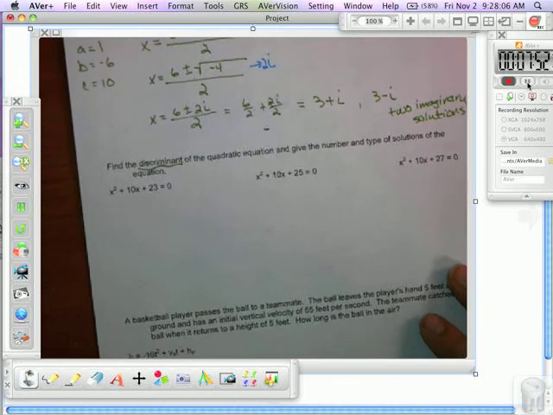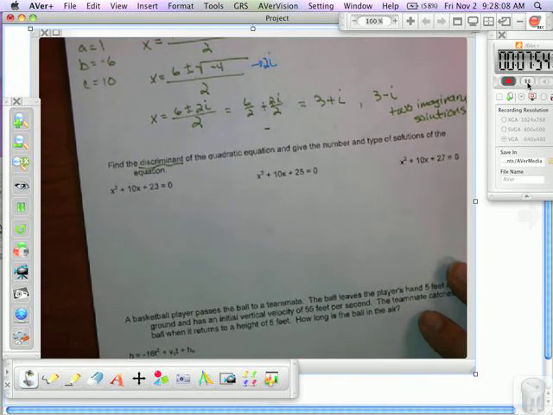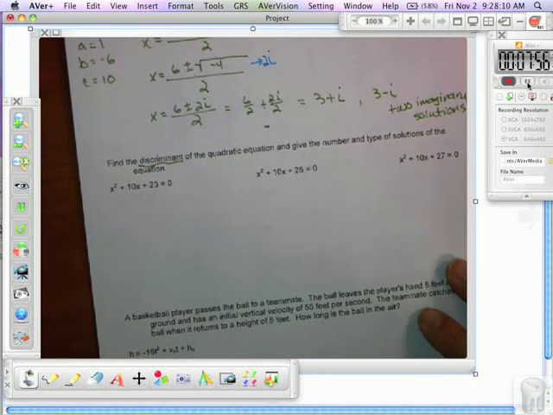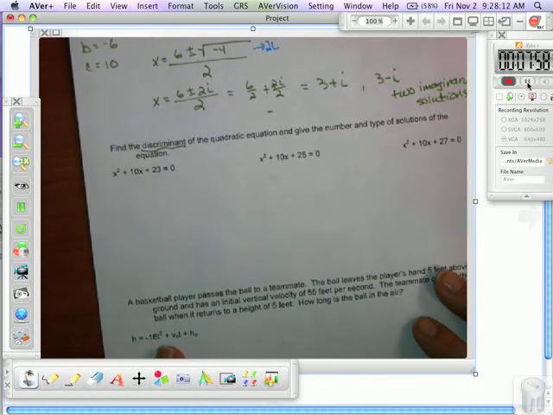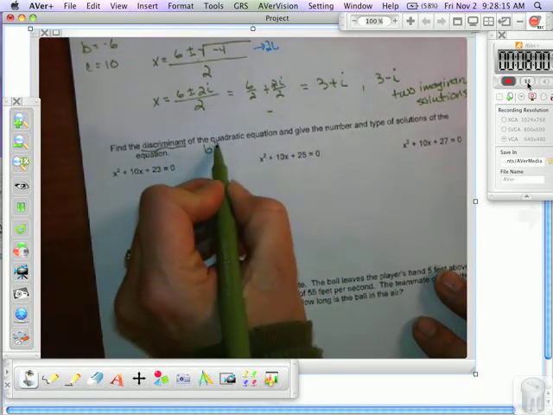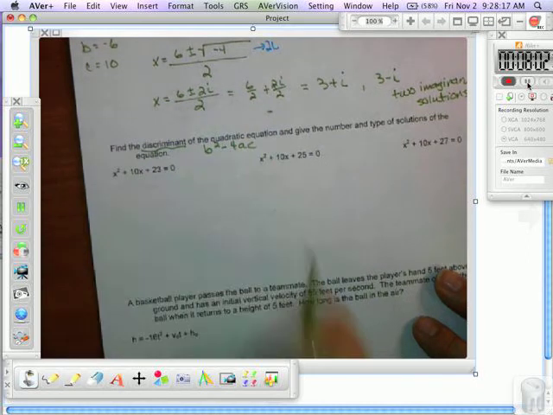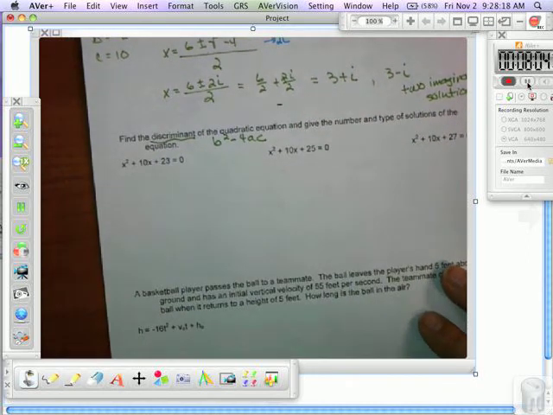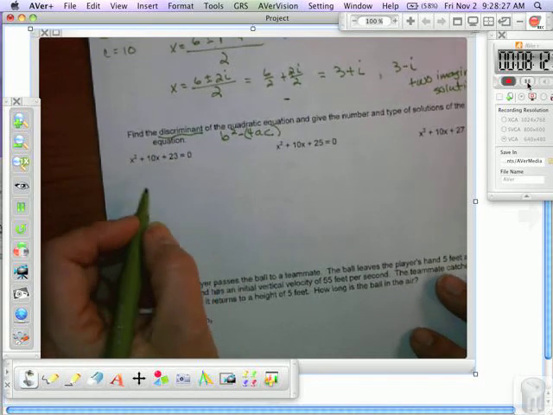Find the discriminant of the quadratic equation and give the number and types of solutions of the equation. You can do that just from the discriminant, which is the part underneath the radical sign, b squared minus 4ac. Again, I'm going to put parentheses around here. Based on what you get from the discriminant, you can say what kind of solutions there are.